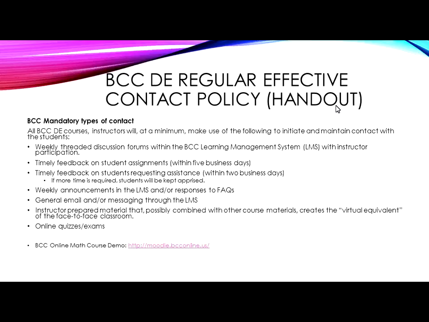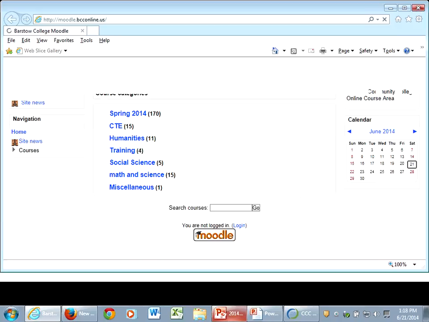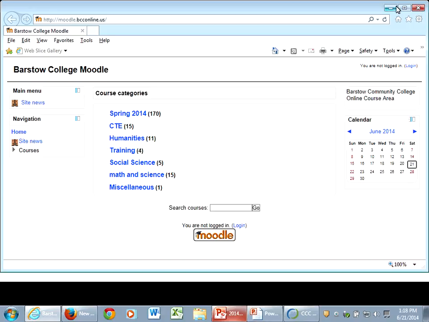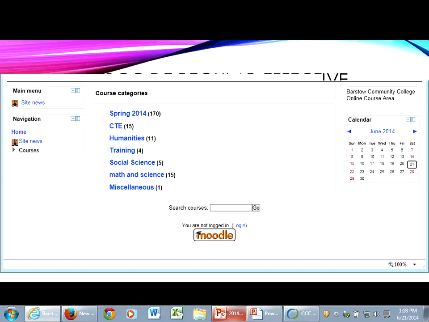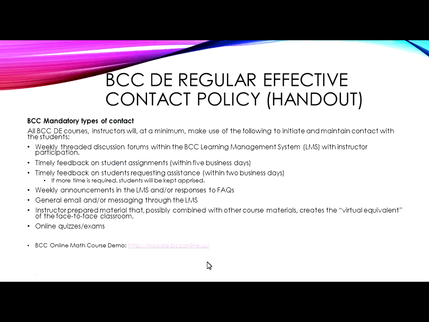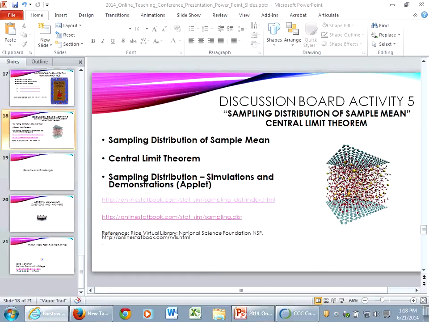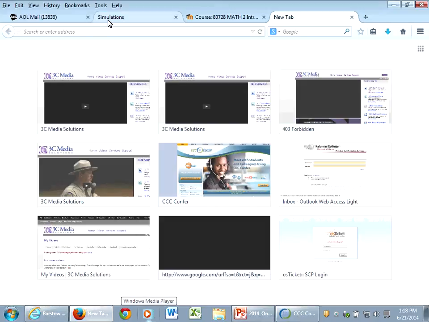Now I'm going to demonstrate how we actually implement all this through one of my courses that I'm teaching this summer. Actually, I don't have to go through that because I already had it open. Now, this is not my computer, so it's going to take me a little bit to navigate.